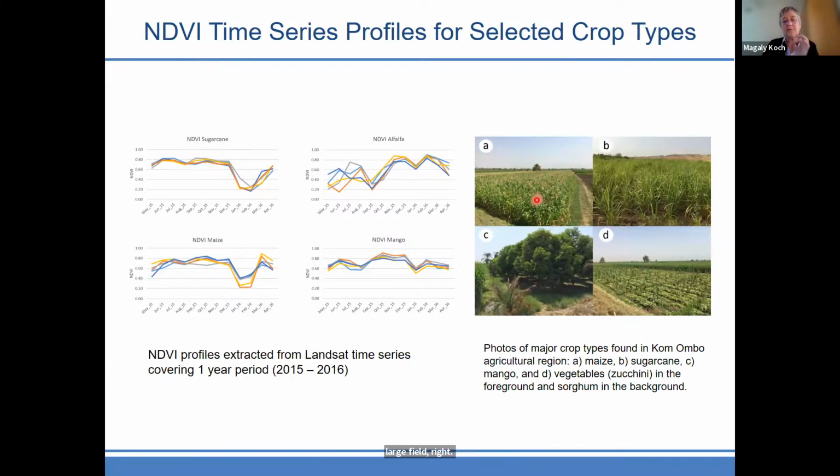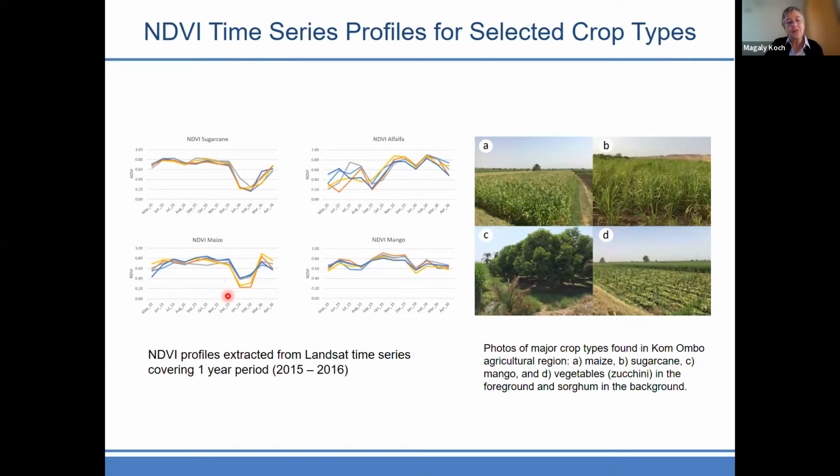So you need to take many measurements. So these NDVI values over time were extracted from Landsat, from known crop fields. So we knew that this is sugarcane, this is alfalfa, maize, and mango.